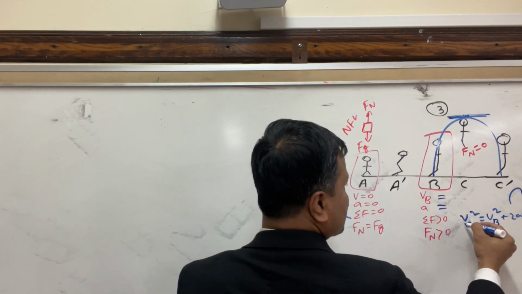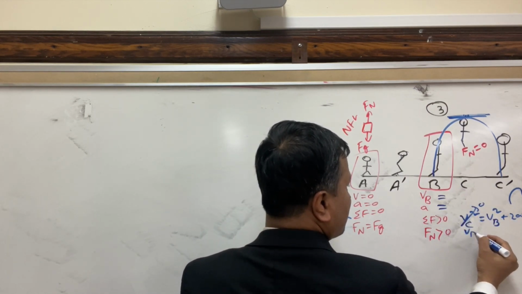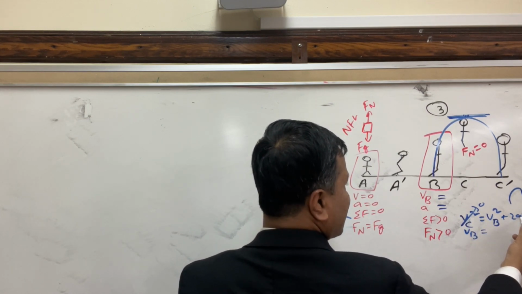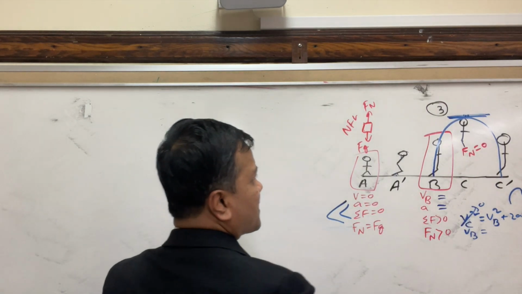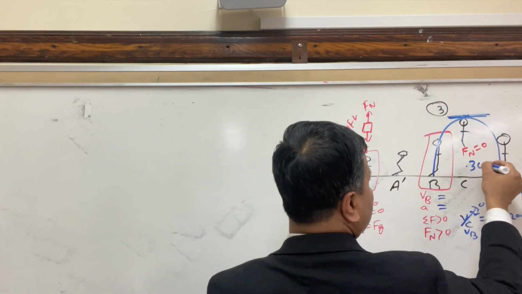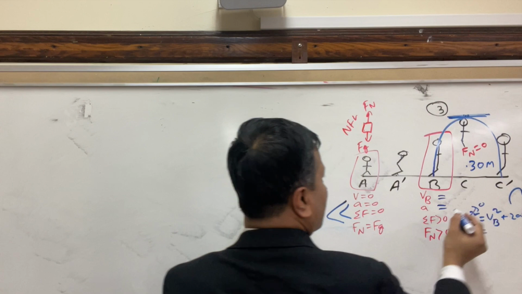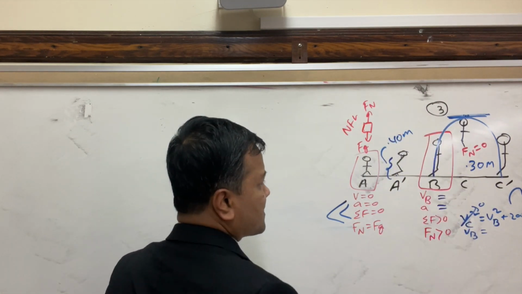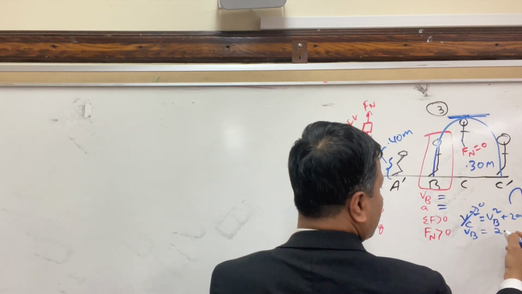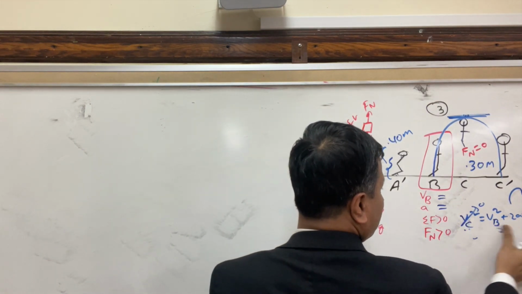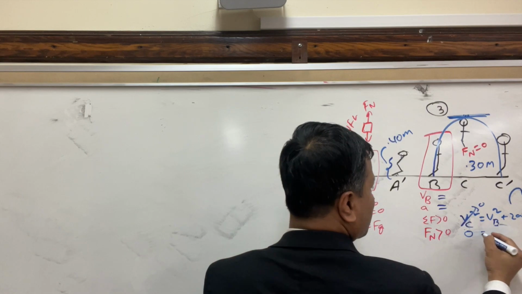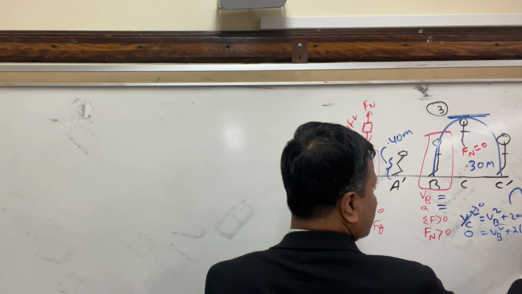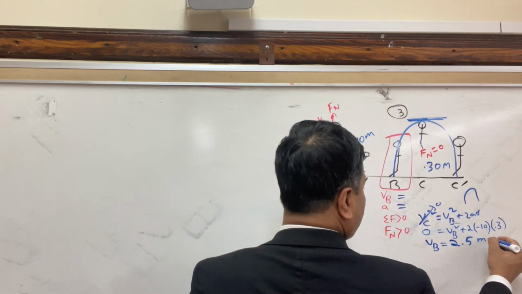Then of course Vc is 0, Vb is, you have 2 times a, which is negative 10, and you are in the air for 0.30 meter, and you are crouching for 0.40 meters. Okay, so you have 2 times 10. I really have to show you the algebra, otherwise you're probably going to get confused. Plus 2 times, so the velocity is 2.5 meters per second.